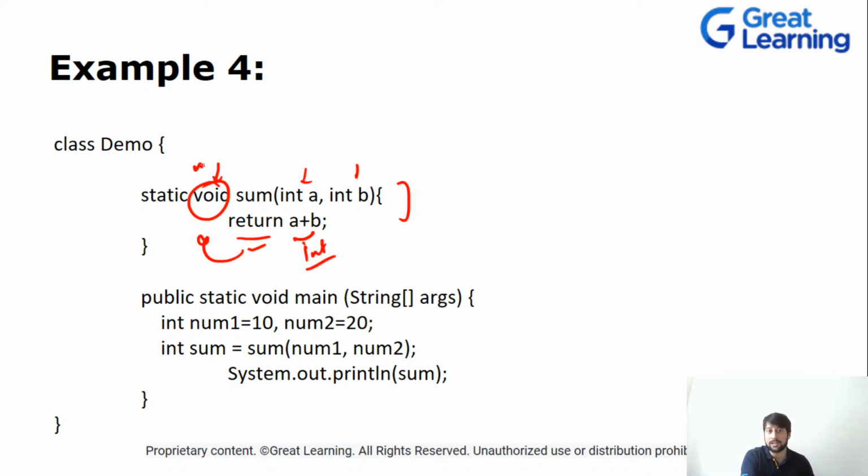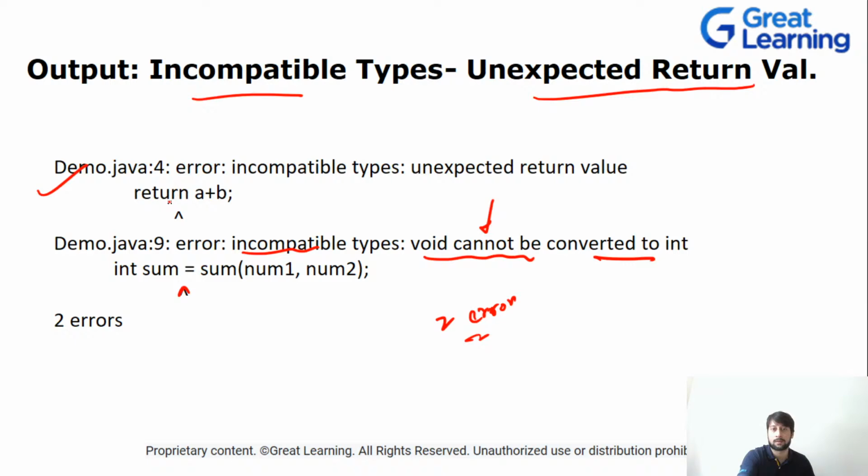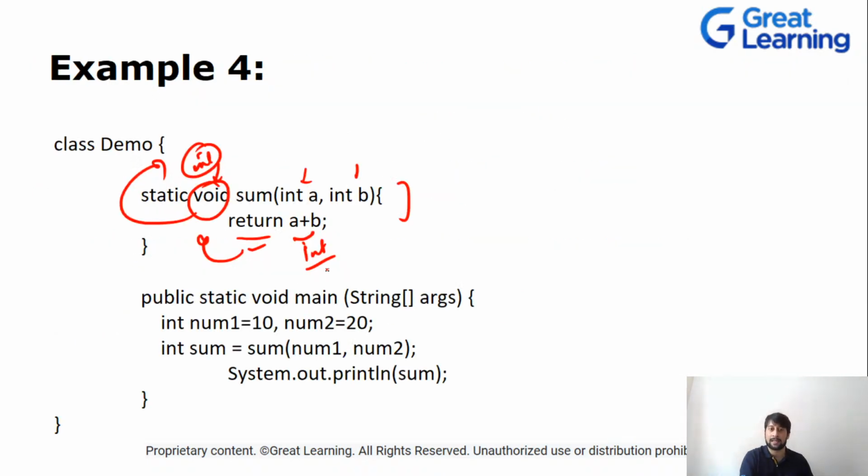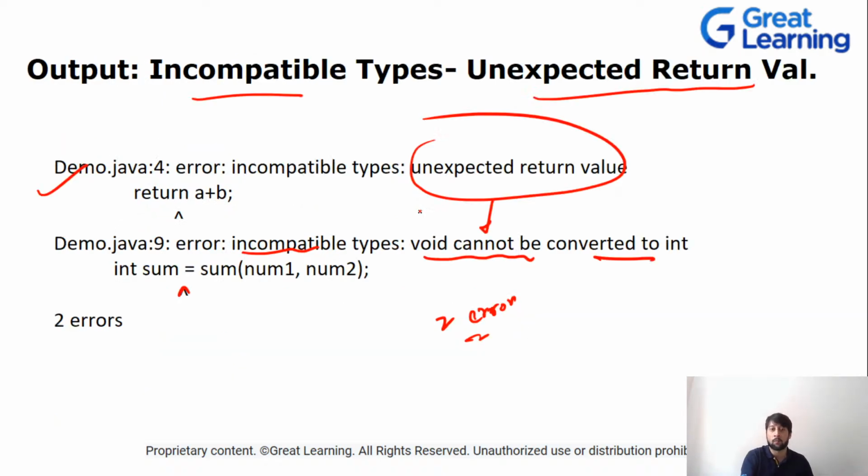So I should write integer over here, but I have written void, and I'll be getting this error, unexpected return value. The next thing is that obviously now it will be returning void. When it returns void, I'm trying to convert this void into integer. So again it will say incompatible type, void cannot be converted into integer. That is why we have two errors.